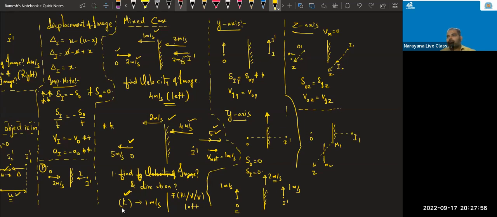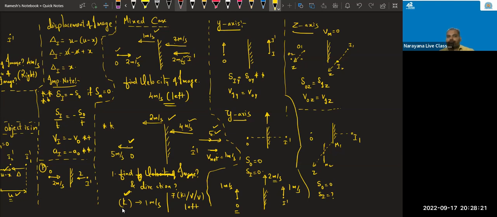No. So I can write that point: if the mirror moves along the y-axis or z-axis, it does not affect the image. So the displacement of the object is 0 and the displacement of the image is also 0 because of mirror motion. Understood?